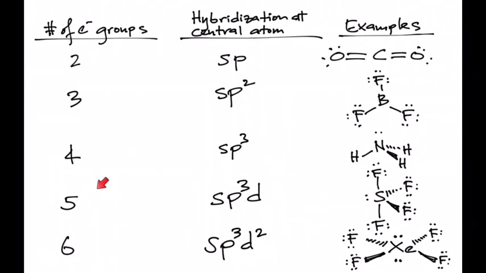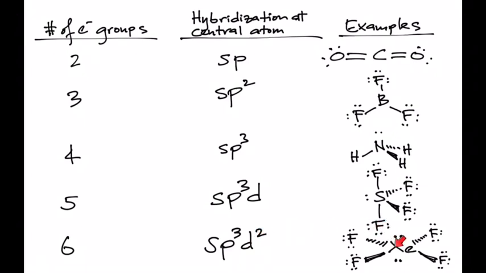And the hybridization of the bonds in the sulfur would be sp3d1 or sp3d. Right, so 1 s, 3 p's, and 1 d. When you add them all together, you get 5. And the last one here is xenon tetrafluoride. So each of the bonds formed in xenon is sp3d2 hybridized.